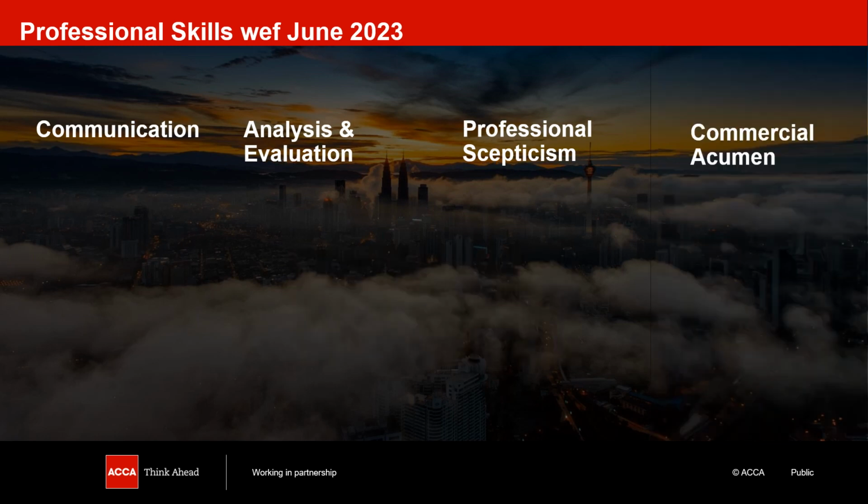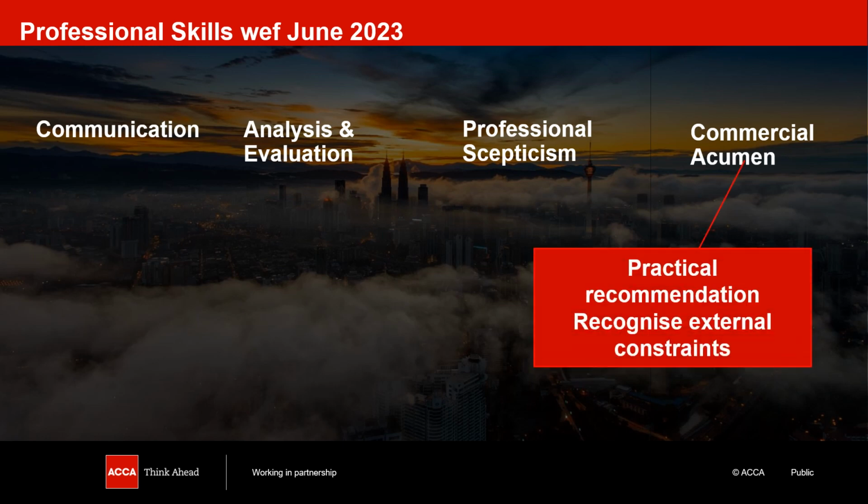Commercial acumen. We need you to demonstrate in your answers not only technical ability, but also commercial or practical sense. For example, on the idea of changing the nature of a payment, you should be able to remind the taxpayer that this is subject to investigation by the tax office, and this investigation may lead to potential substantial damage to the company's image.